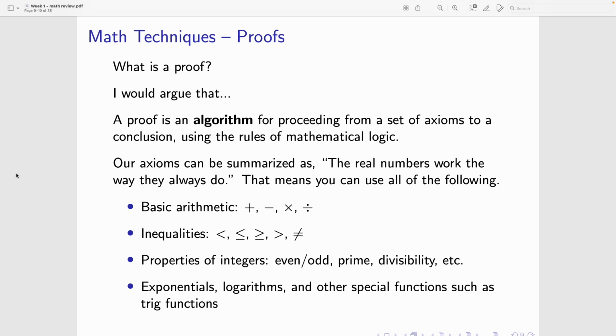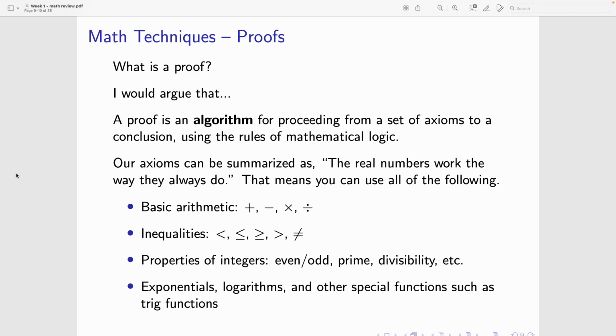So everyone who's done this sort of proof-based math before definitely has some sort of intuitive idea of what a proof is. But as is classic in proofs, it's good to have strict, formal, precise definitions of everything.